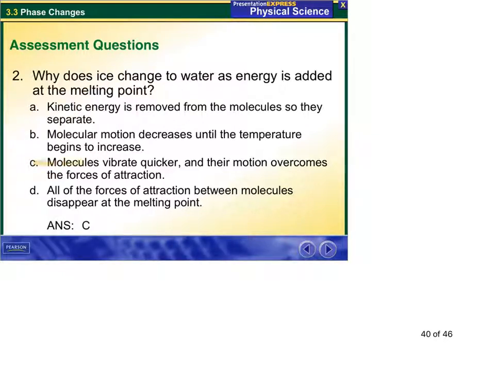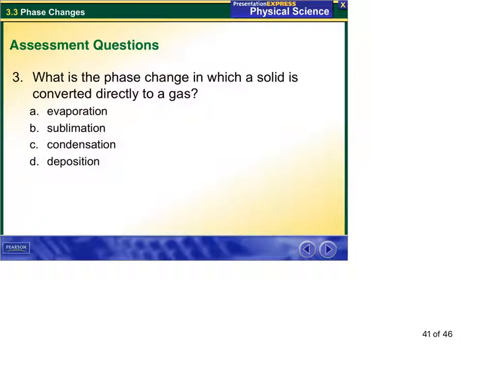The molecules vibrate quicker, and the motions overcome the forces of attraction. What is the phase change in which a solid is converted directly to a gas? That's called sublimation.